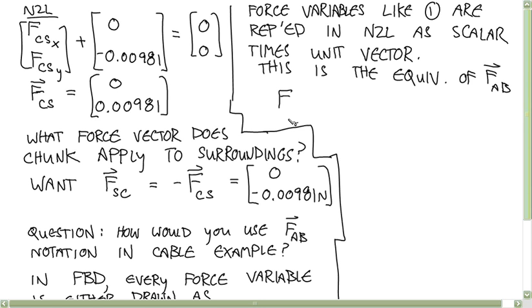Okay, so like in that example, the force on the mass by cable B is equal to TB times that unit vector we found.